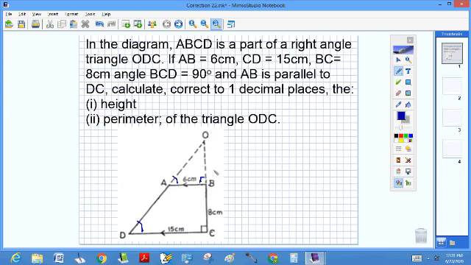They are also sharing the same angle at O. Because of this, we say the two triangles OAB and ODC are similar triangles.